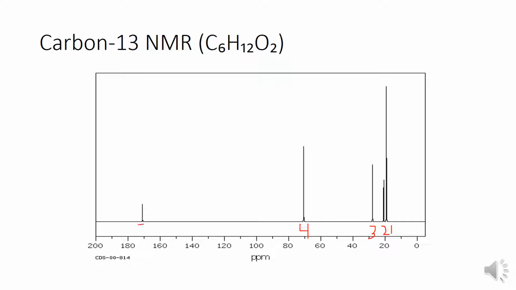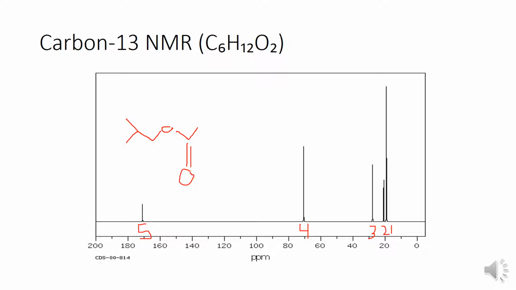So we'll draw our structure. There we go, there's our structure, poorly drawn. Now, we know that our 1 and 2 peaks, the farthest to the right of the graph, are going to be the closest ones near the oxygen, which is the most electronegative atom.